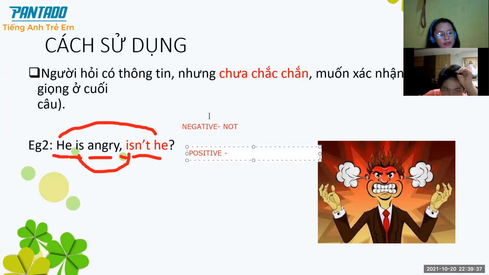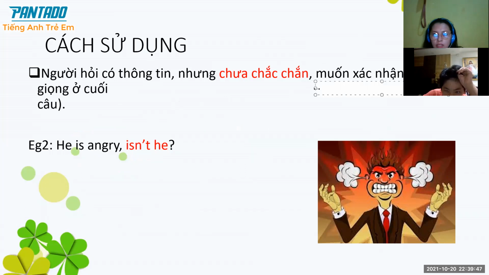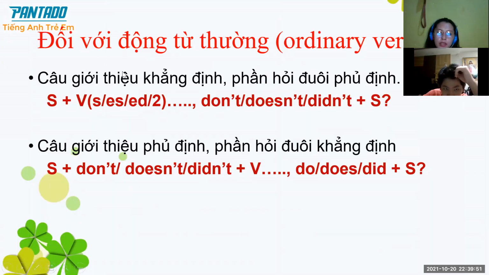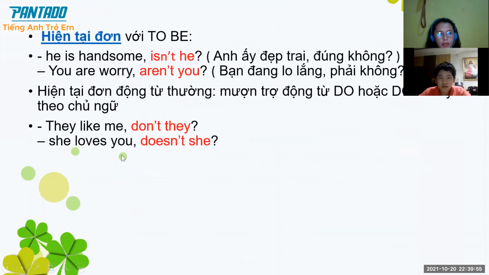Do you have any question about that? No. All right, since you don't have a question, let's try to check if we can answer. For example, they like me, don't they?